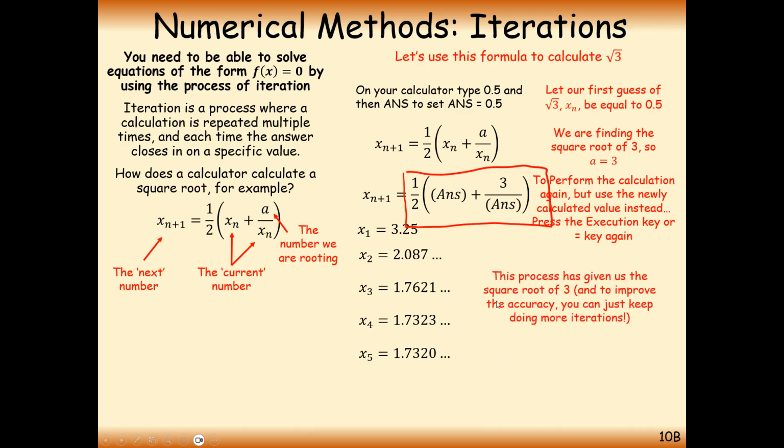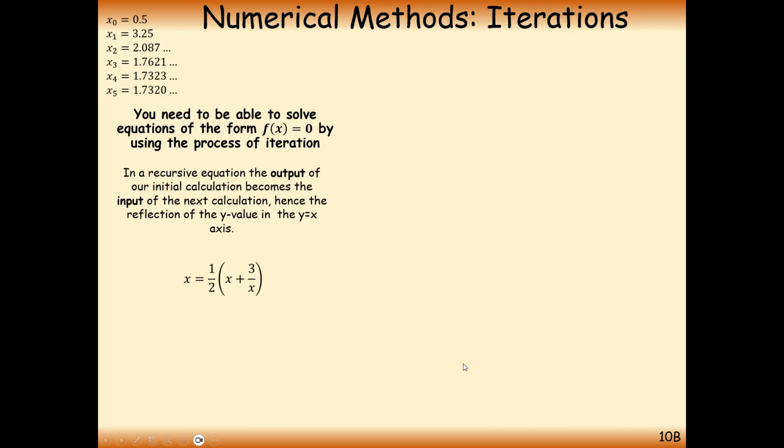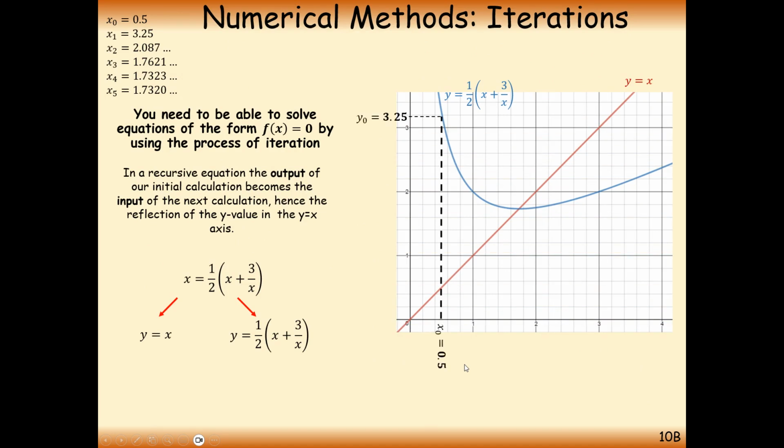After a few iterations, you notice that the value on the calculator no longer changes. It converges towards the answer, which is roughly 1.732. What happened behind the scenes was that your calculator took the output of the first iteration as the answer and put it back into the same equation again.